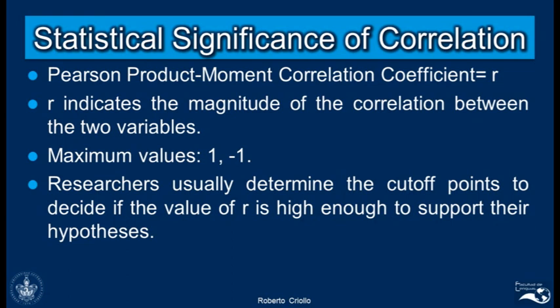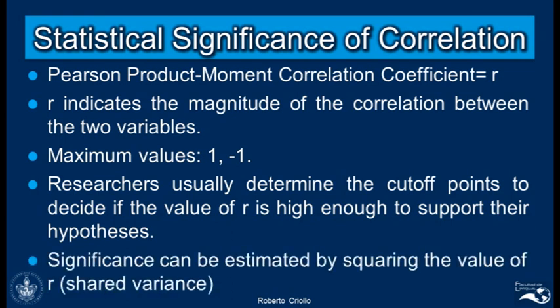If you get 2 stars, this means that definitely there is a clear systematic relationship between two variables. And obviously the significance can be estimated. The computer does it, okay, so you don't need to worry about this, by squaring the value of R, which is the shared variance. Let's look at some examples.